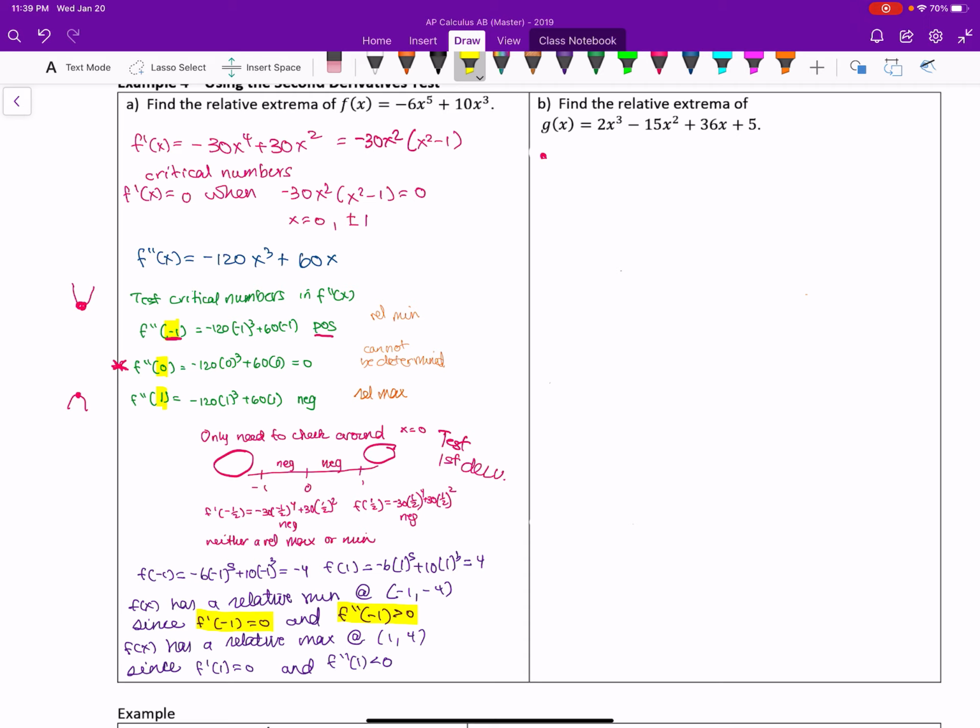I'm using the second derivatives test to reason it out. And f of x has a relative maximum at the point 1, 4, since f prime of x is equal to 0, and f double prime of x was less than 0 at 1. So it changes the reasoning. It's a little less writing than if we use the first derivative test where we have to have the 3 reasons there.